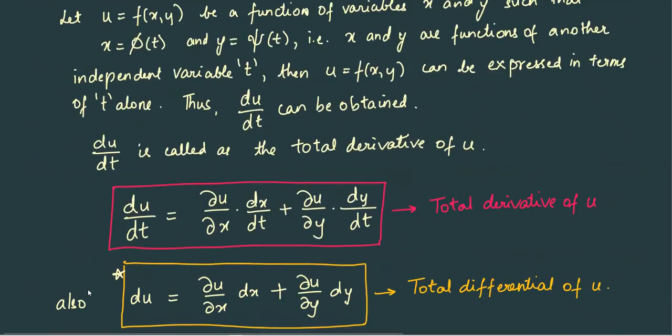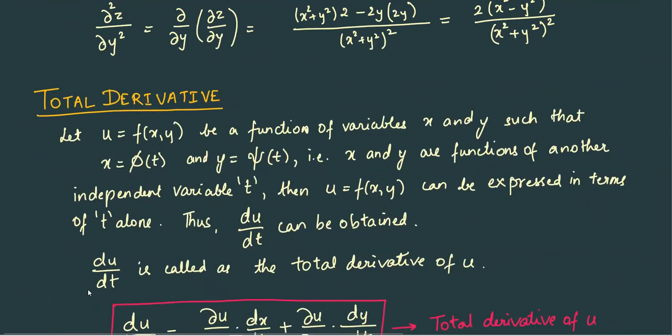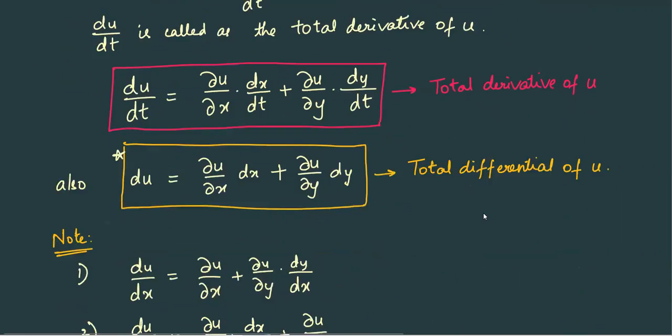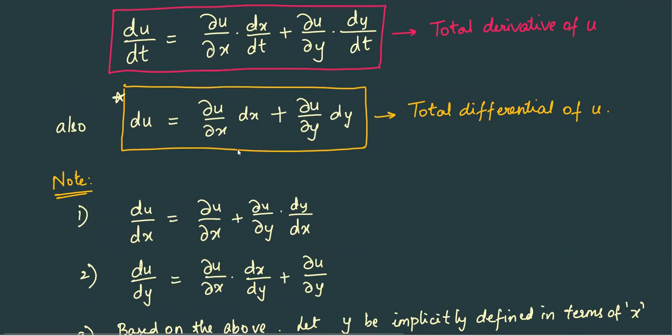Then this concept of total derivative. This total derivative concept comes when a function is defined in terms of two independent variables x and y, but both x and y are defined in terms of t. Then we can have a derivative of this function u with respect to t. This is called the total derivative, and this is called the total differential.